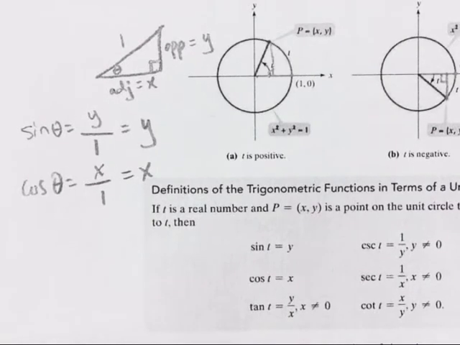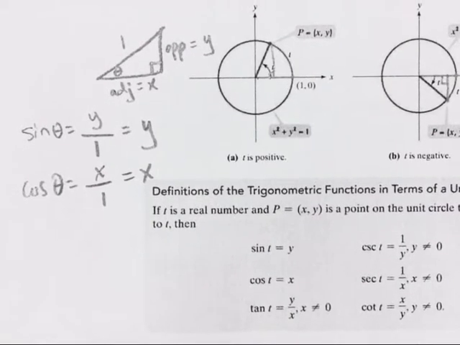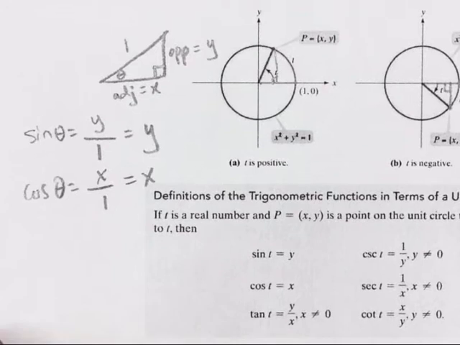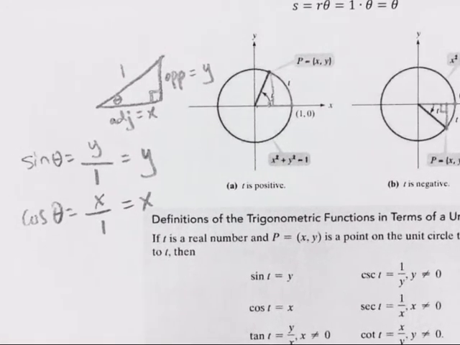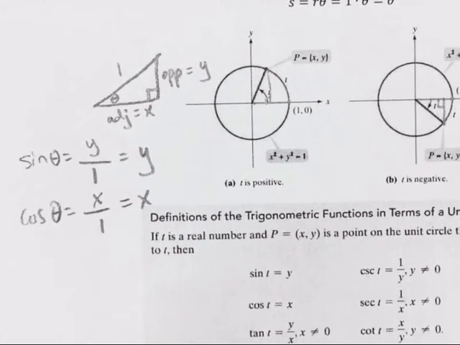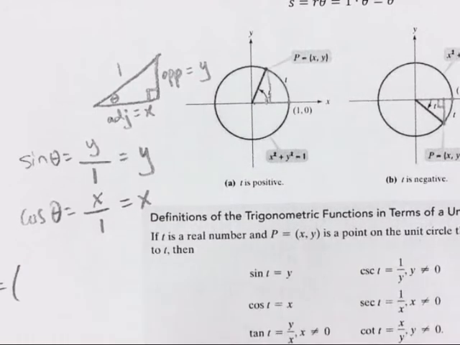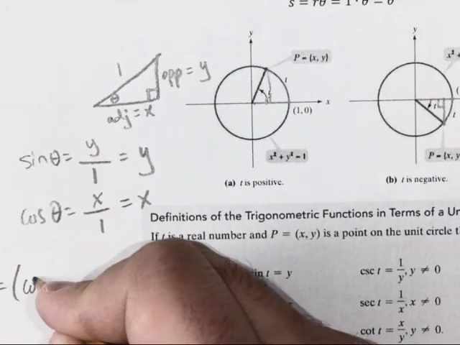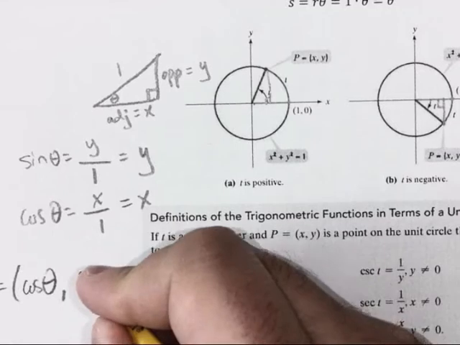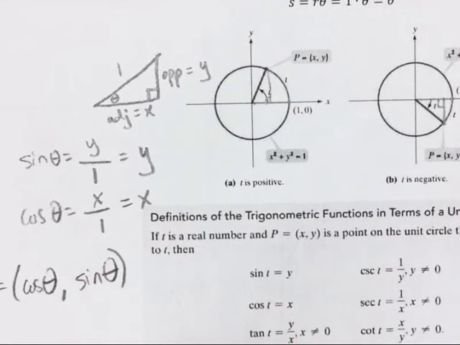So essentially the point P that's on the unit circle gives me the sine and cosine of that central angle. So P is going to give me cosine of the central angle and sine of the central angle.